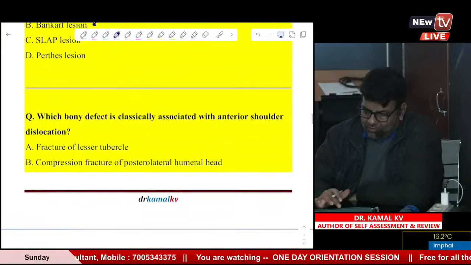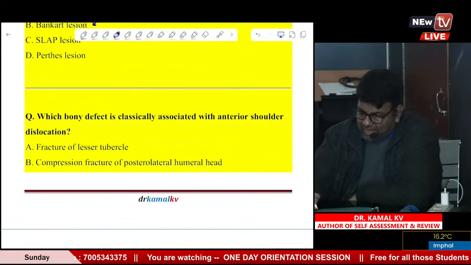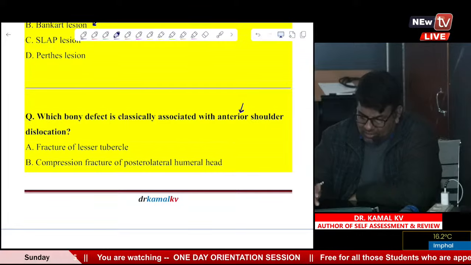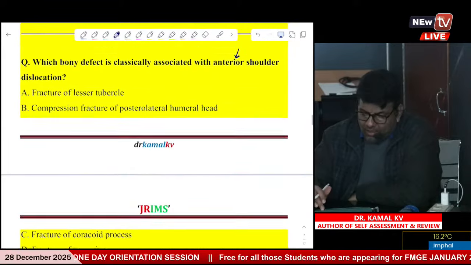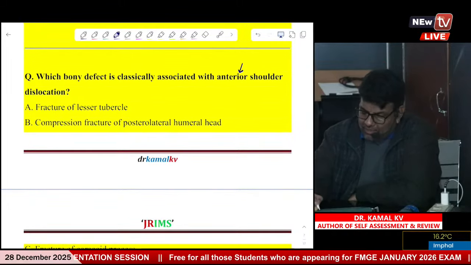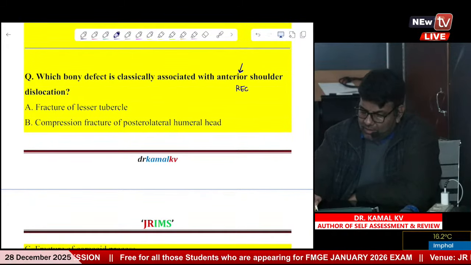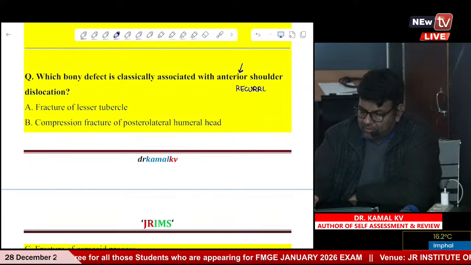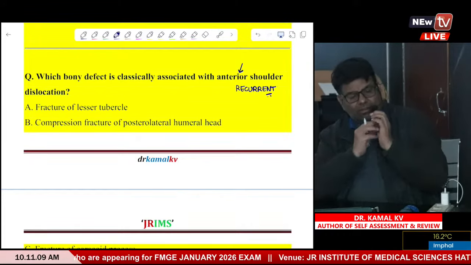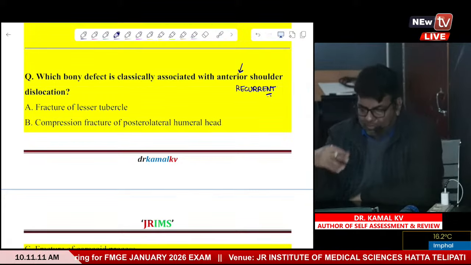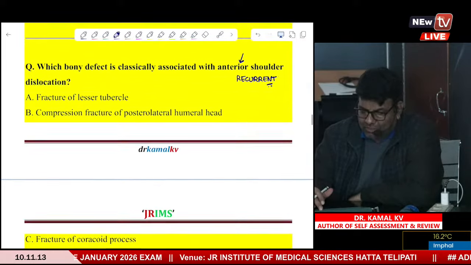Now which bony defect is classically associated with anterior shoulder dislocation? Now this is especially recurrent. With recurrent anterior dislocation, which part will fracture commonly?